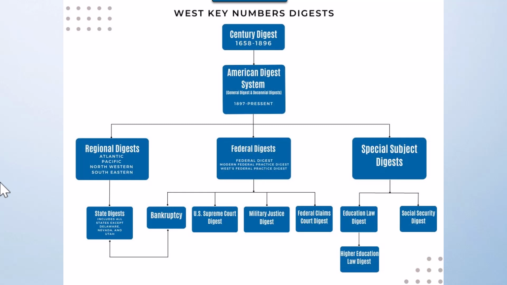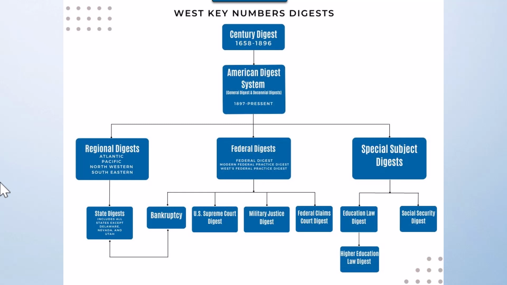I have no idea why, but if you wanted to do research on cases from, say, Tennessee, which is in the Southwestern Reporter, there is no regional digest for that. Now, in addition to those 4 regional digests, West publishes individual state digests for all states except Delaware, Nevada, and Utah.